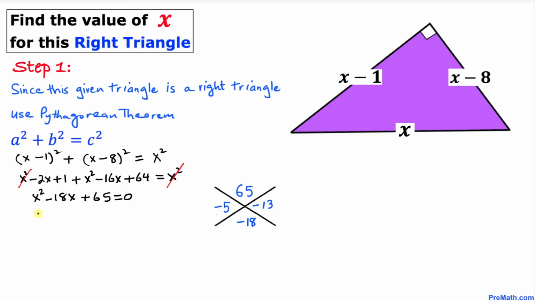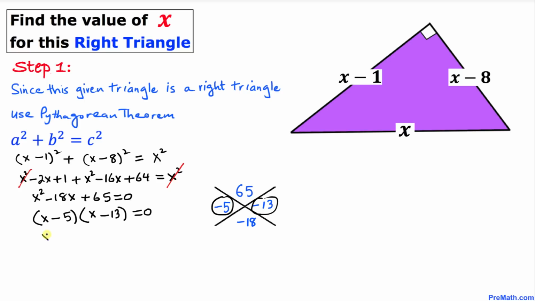And now let's put down these two parentheses set equal to 0. So we got x and then negative 5 right next to it. Likewise, x and then the next factor is negative 13. Now we have two factors equal to 0, so I can simply separate them.